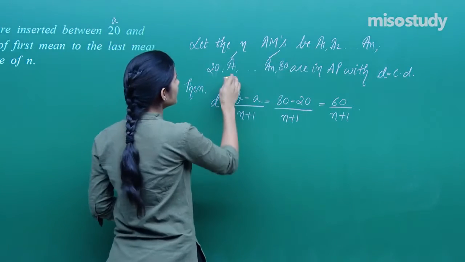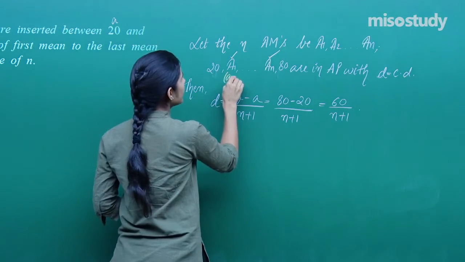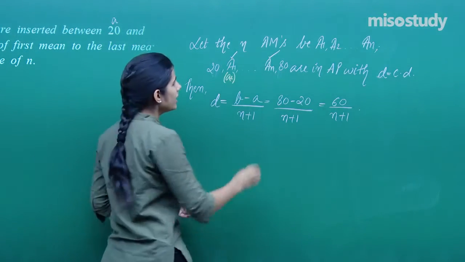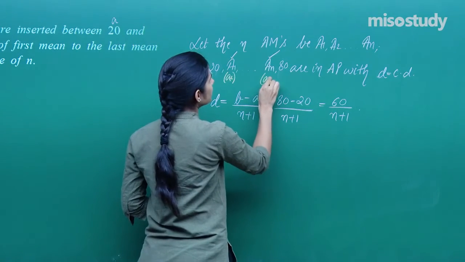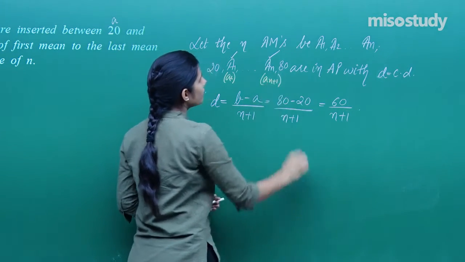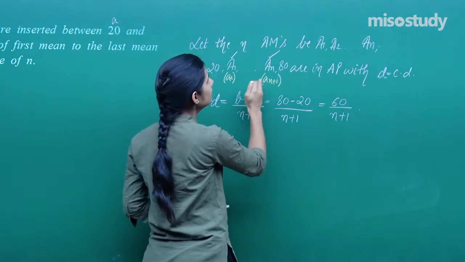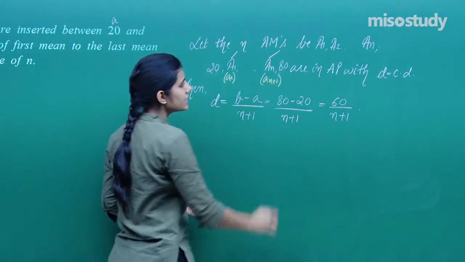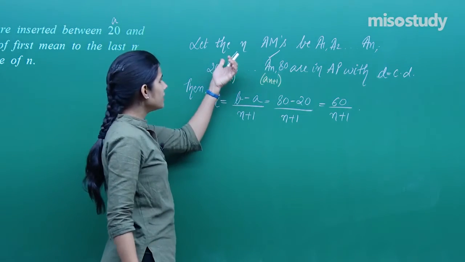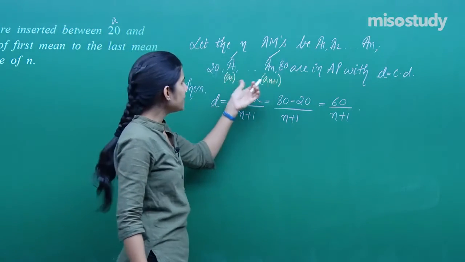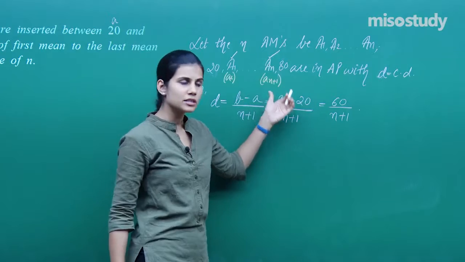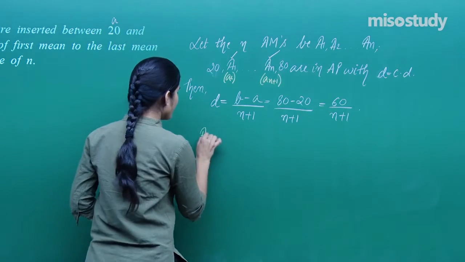Please understand the first mean actually is the second term of this AP and the last mean is the n plus 1th term of this AP. This is the first term, then second term and so on. This is the n plus 1th term, this is the n plus 2th term. So first mean is the second term of this AP and nth mean is the n plus 1th term of this AP.